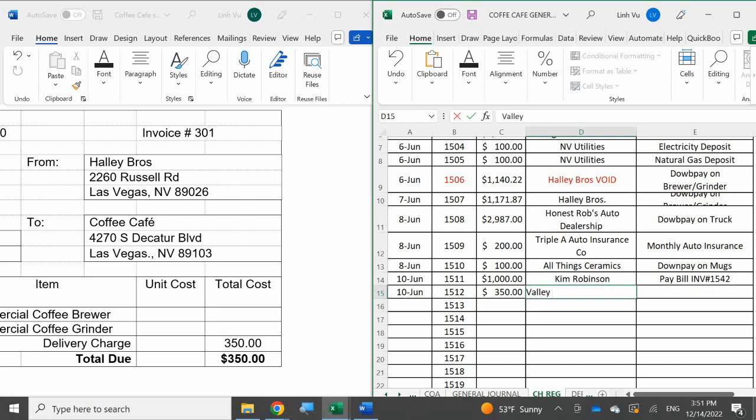That would be the Valley Delivery Service. Yes, you're not going to make a payment to Haley Bros because this is the third party vendor who ships the items to you. So this is a shipping company. Okay? And then you're going to go ahead for shipping cost for coffee brewer and coffee grinder. So shipping.